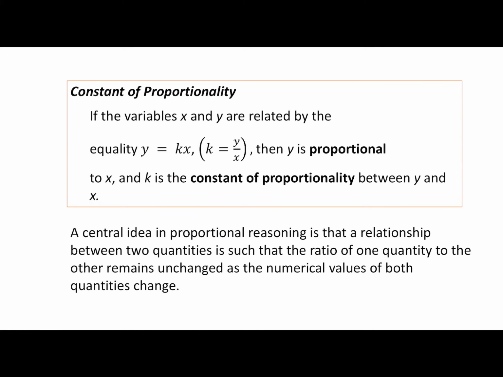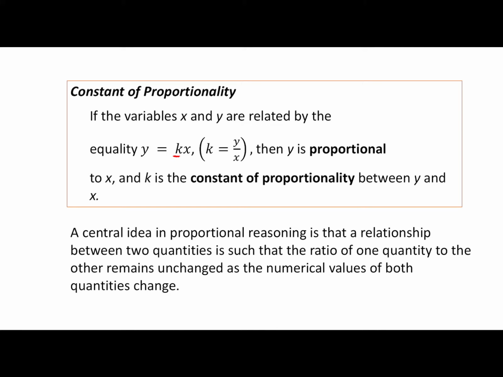Okay, so the constant of proportionality is this value k, which I get by taking the ratio y over x. We say that y is proportional to x, and k is called the constant of proportionality between y and x.